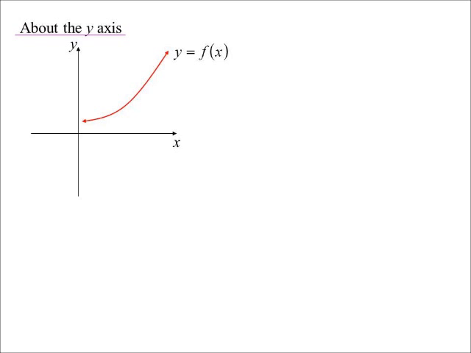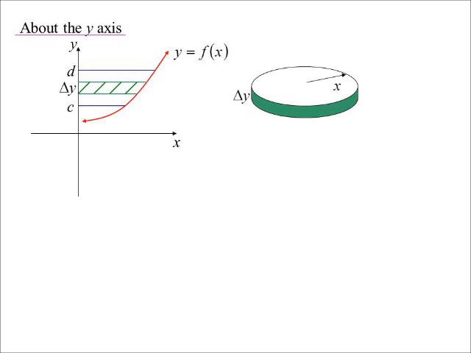There's my random curve, y equals some function of x. And I'm going to take the slice perpendicular to the axis of rotation. So this time it's a horizontal slice because I'm going around the y-axis. So the slice is perpendicular to the axis. The thickness now would be the change in the y value. So if I had that x, well, the radius would be the x value, but that's no good.